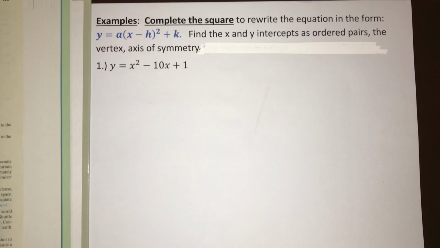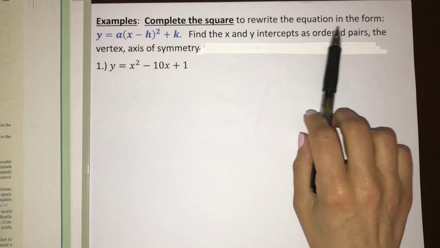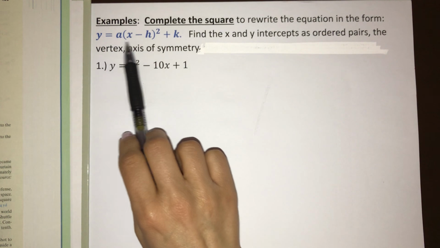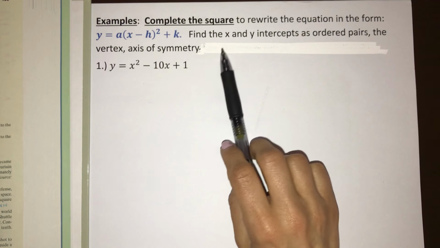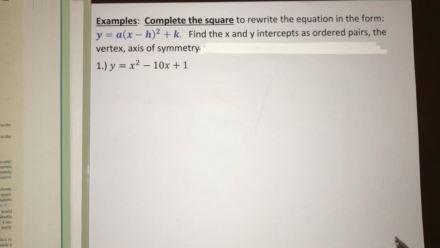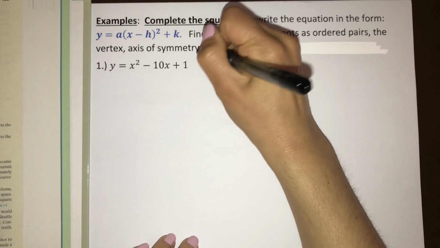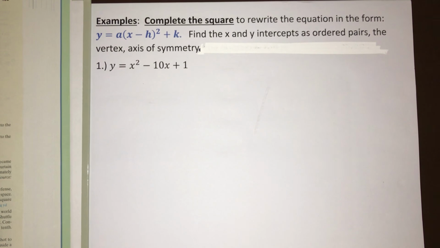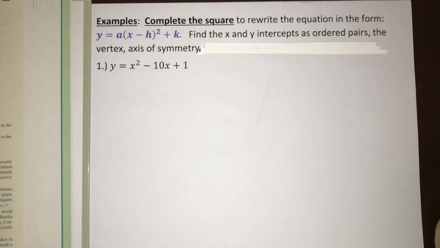So it says to rewrite the equation in the form right here, which is the one we've been working with. Find the x and y intercepts, the vertex, and the axis of symmetry, and that's all we need to find. You can graph it on your own. So let me show you how to do this. We have completed the square before, so it's going to be the same idea, just a little bit different.